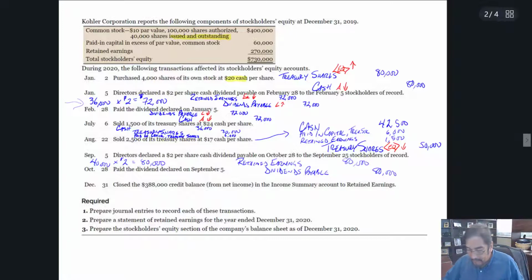Once we declare, we are obligated to pay it. And then on October 28th is when we actually pay it. So this one is where we get rid of that payable. By debiting it, it's a liability, so a debit gets rid of it, and paying out the cash.